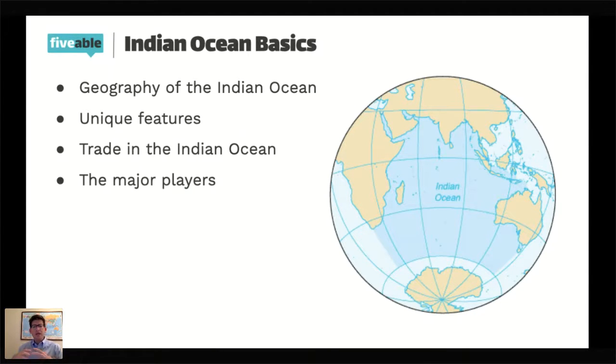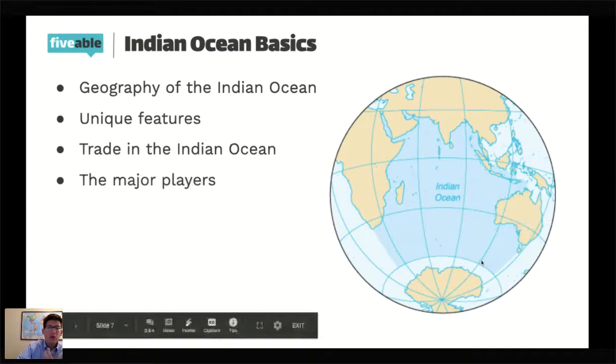It is the ocean that is bordered by Africa to the west, Arabia in the northwest, Iran or Persia in the north, along with India to the north, and to the northeast by Southeast Asia, by the regions of the Malay Peninsula and Indonesia. And then of course to the east or southeast by Australia. Sorry, we're not going to talk about them much today.